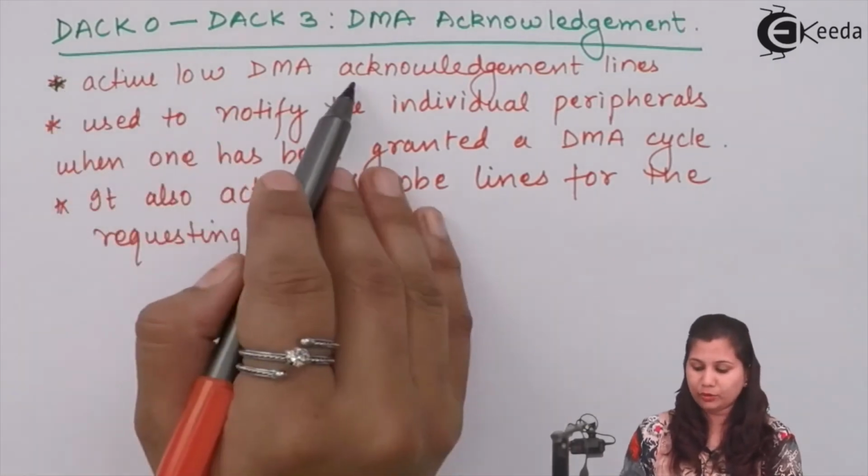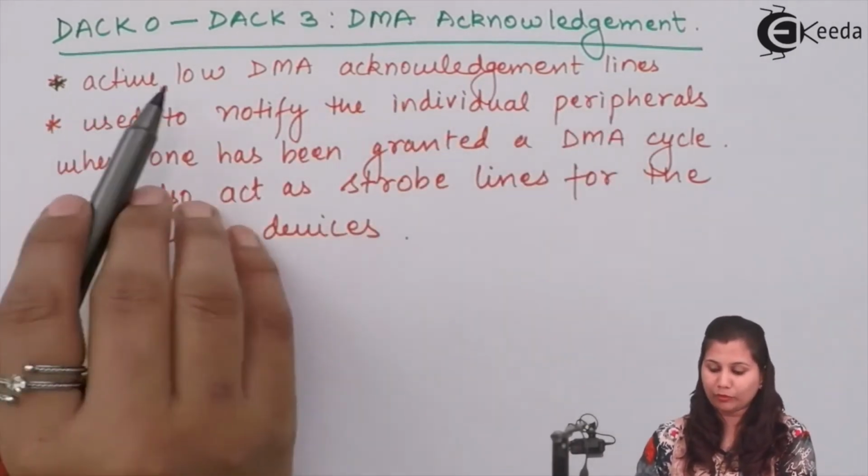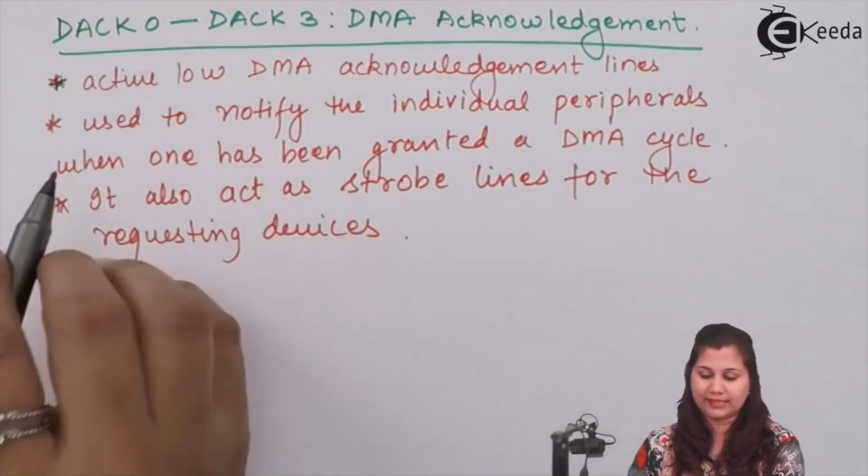These are the active low DMA acknowledge lines. Active low means that they are active when the value is 0.